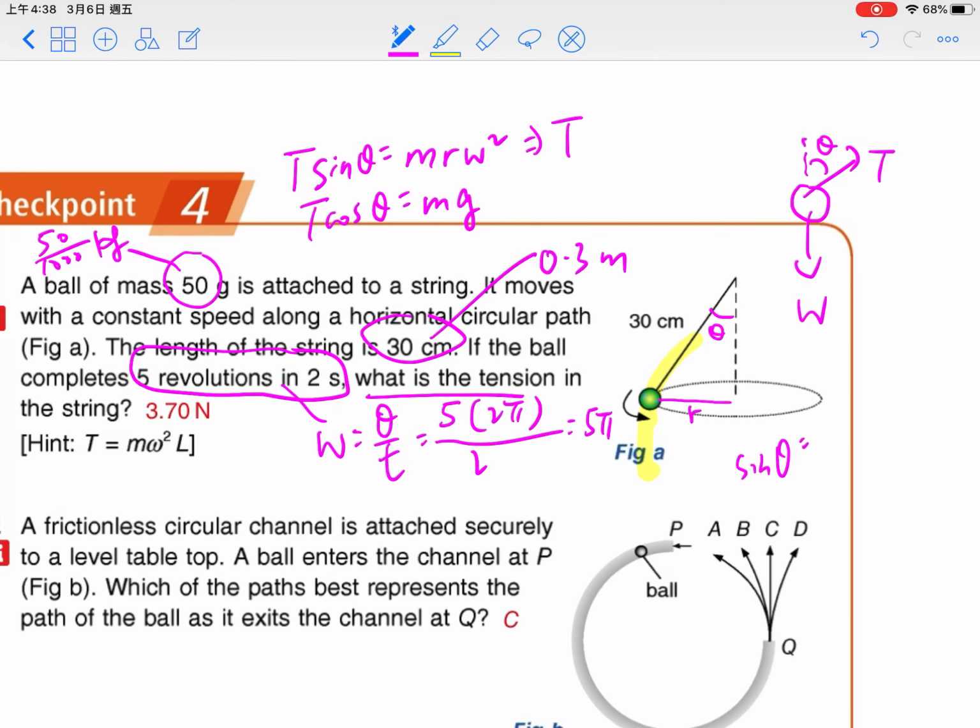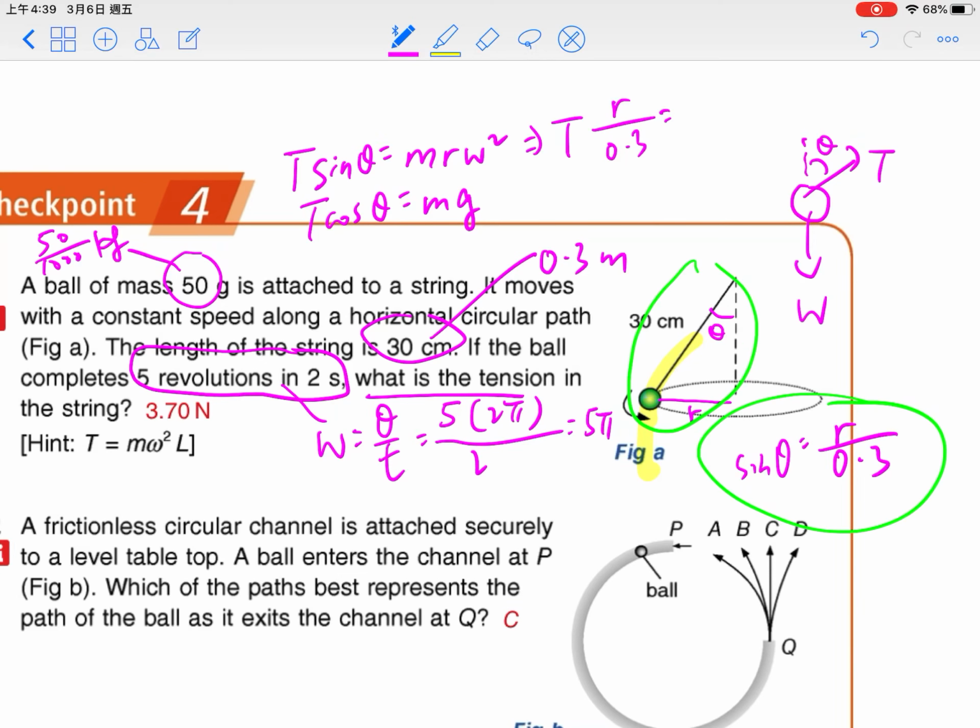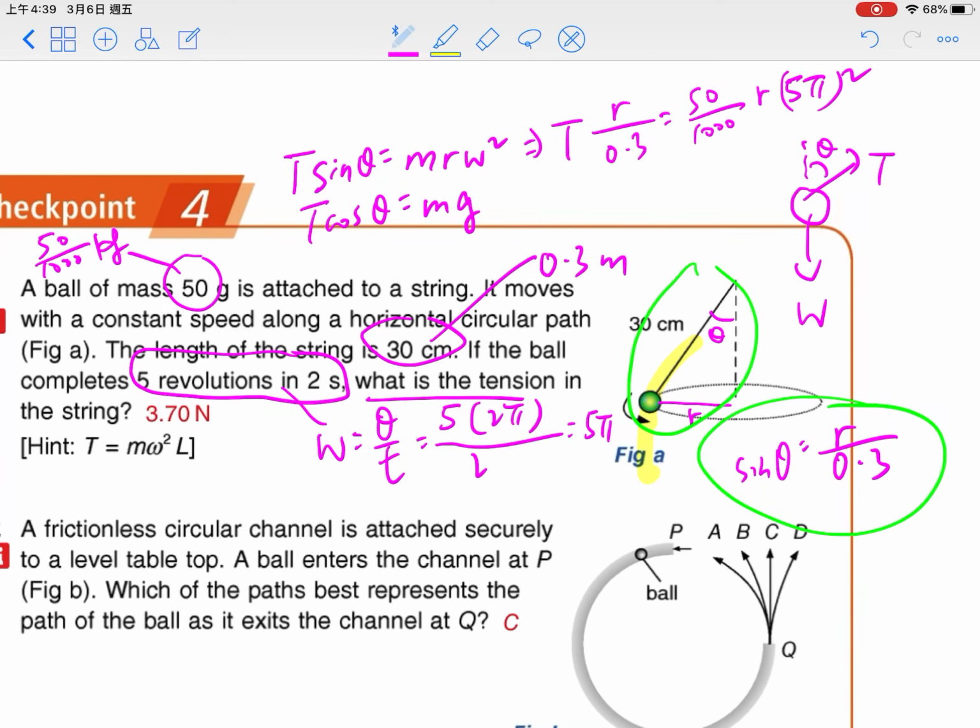Now we have sine theta here equal to r over 0.3. Can you see that? So by substitution, T times r over 0.3 equal to m r omega squared.